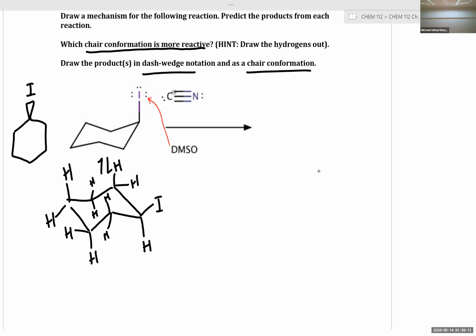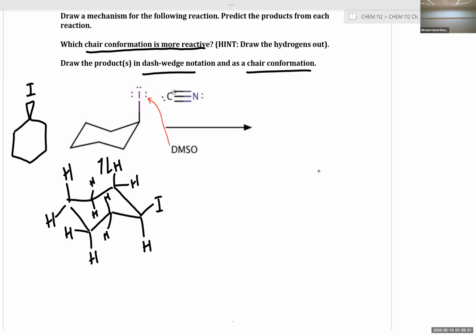What's our nucleophile going to be? DMSO, which is the solvent, or cyanide? Cyanide, yep.